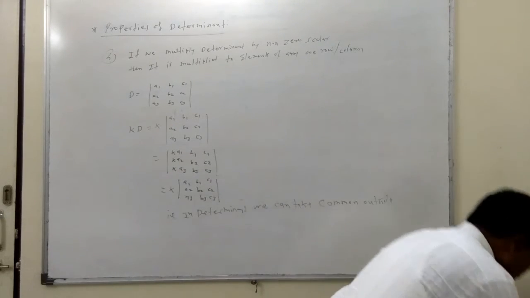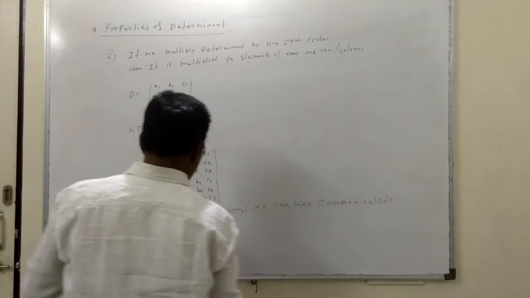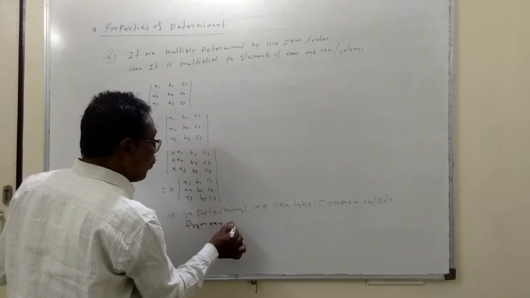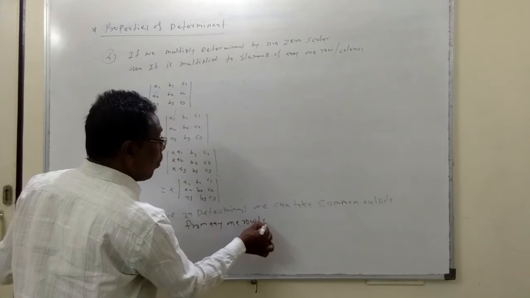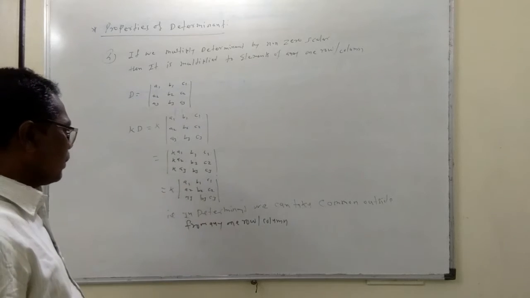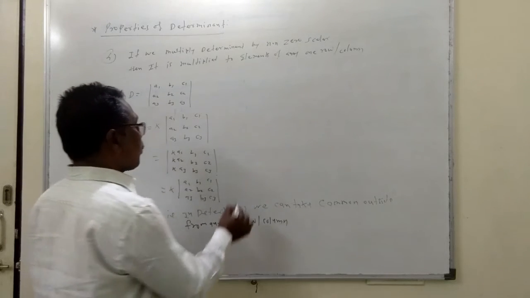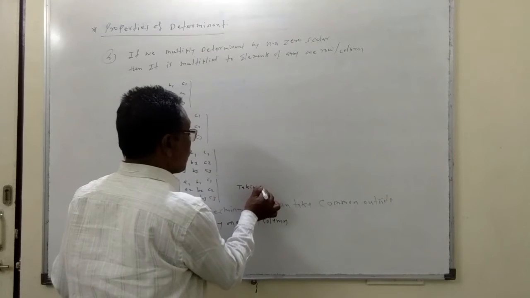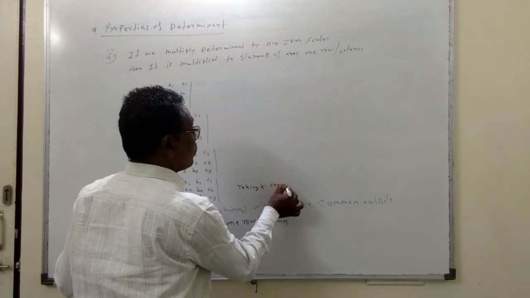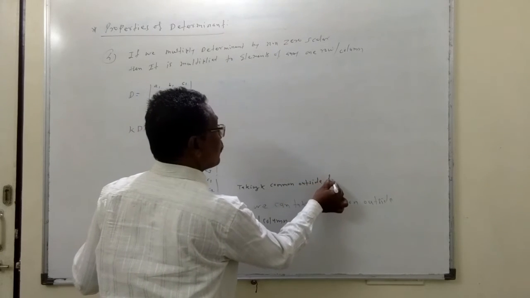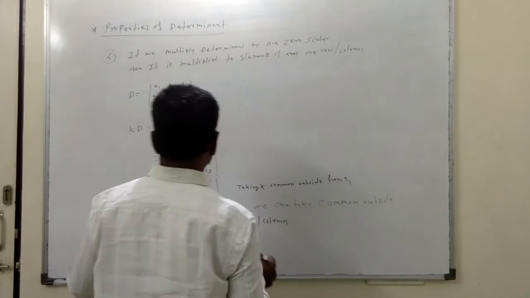We can take common outside from any one row or column. So here we are taking K common outside from C1.